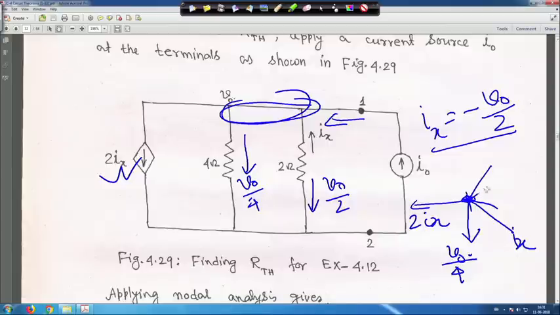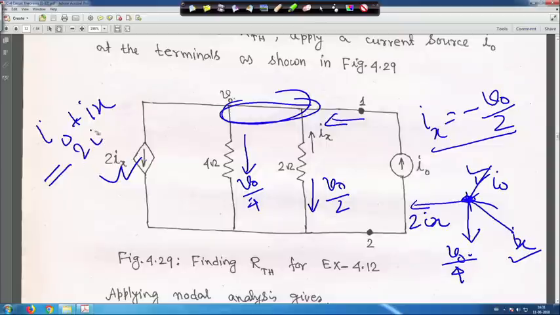So these two currents, I0 and Ix, are entering. I0 plus Ix, entering the node, is equal to 2 Ix plus V0 by 4, which are leaving, as per Kirchhoff's first law.